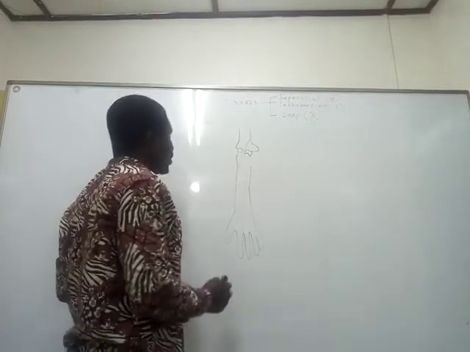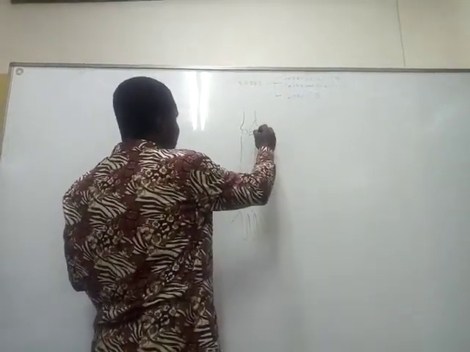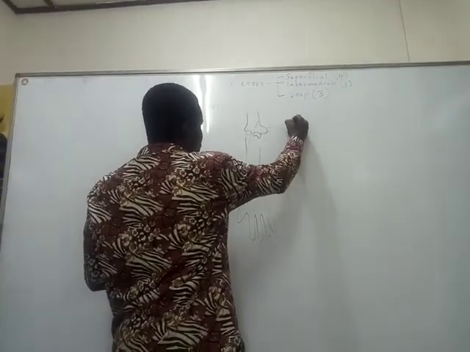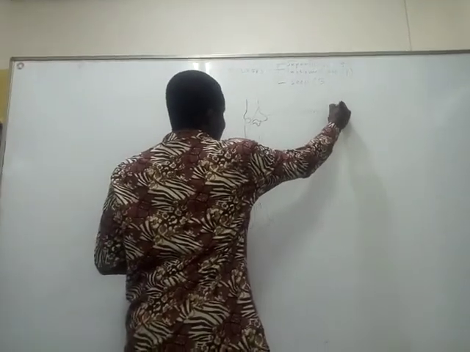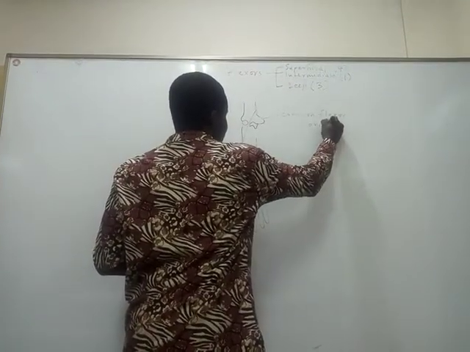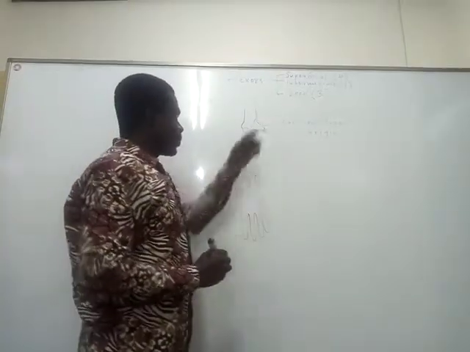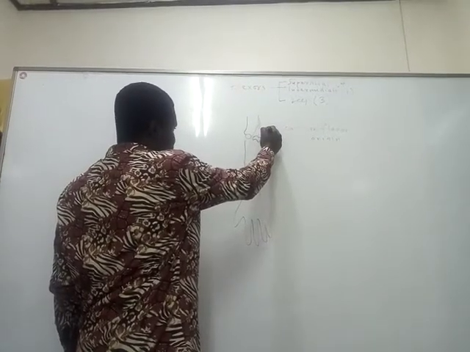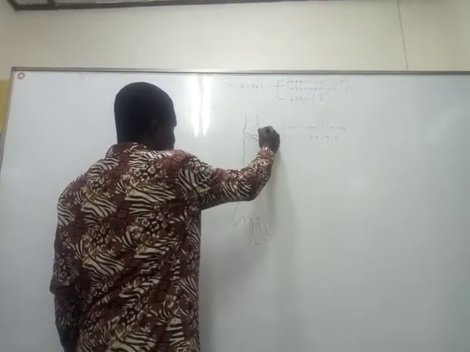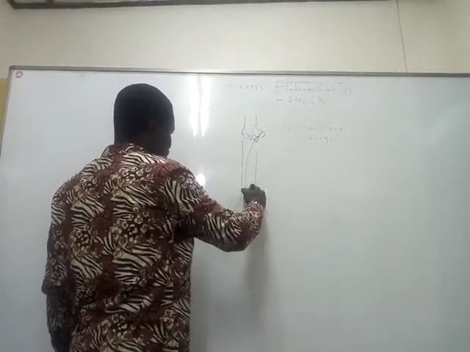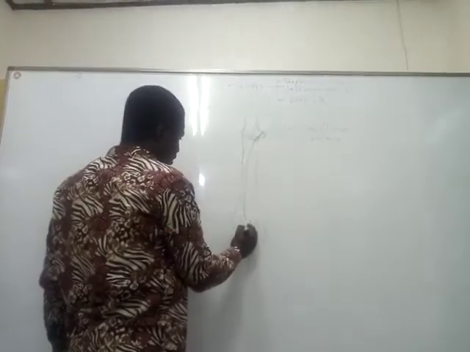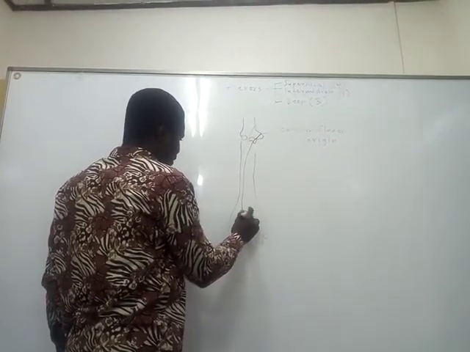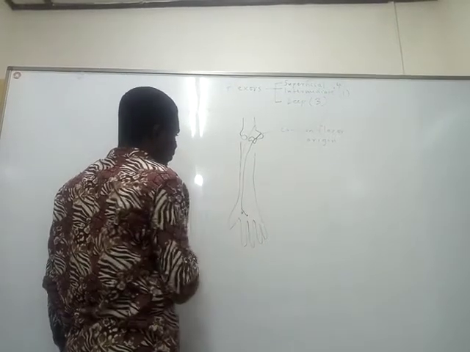Now, the next muscle takes origin, this time around, from the common flexor origin, and that's the medial epicondyle, and comes all the way and inserts to the base of the second and third metacarpals.